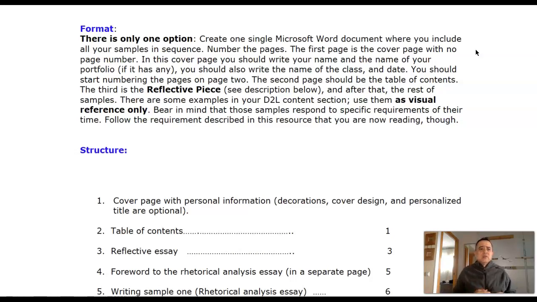Formerly, I wanted a reflective piece that could take the form of a personal essay, a letter to the teacher, a letter to a partner, or any other sort of reflection that you wanted to include. In this module, I am restricting the scope of the reflective piece a little.